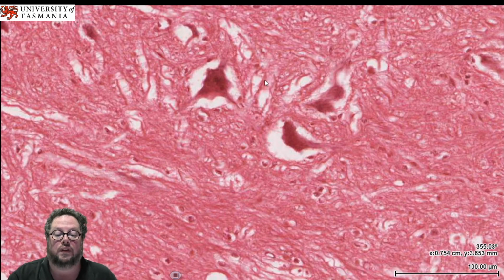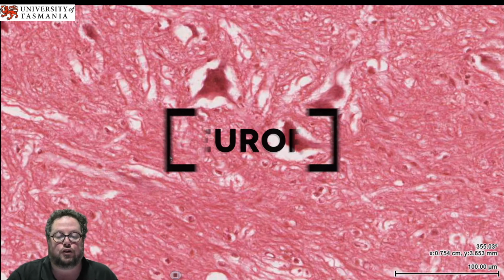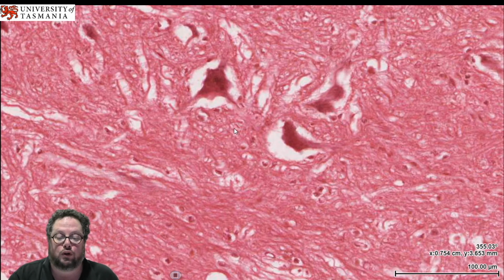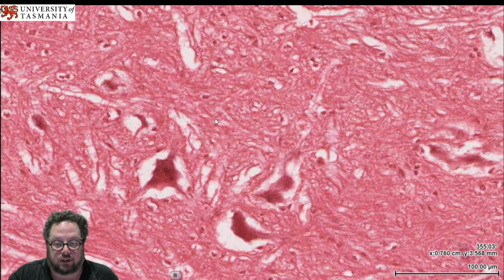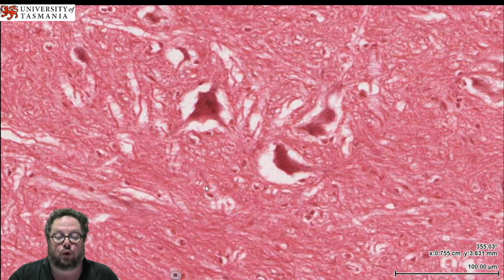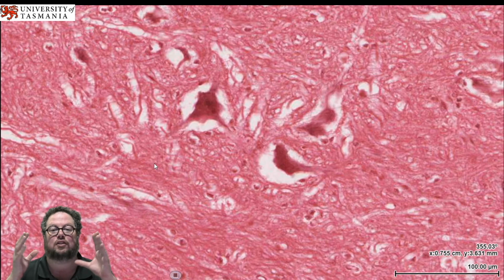Now, the tissue on the outside of the soma is known as neuropil. Neuropil consists of dendrites, axons from the neurons, as well as glial cells and glial cell processes. So any nucleus that we find here would belong to something like an astrocyte, an oligodendrocyte, or a microglial cell. All of these processes are just stacks and stacks of processes of these cells stuck together.